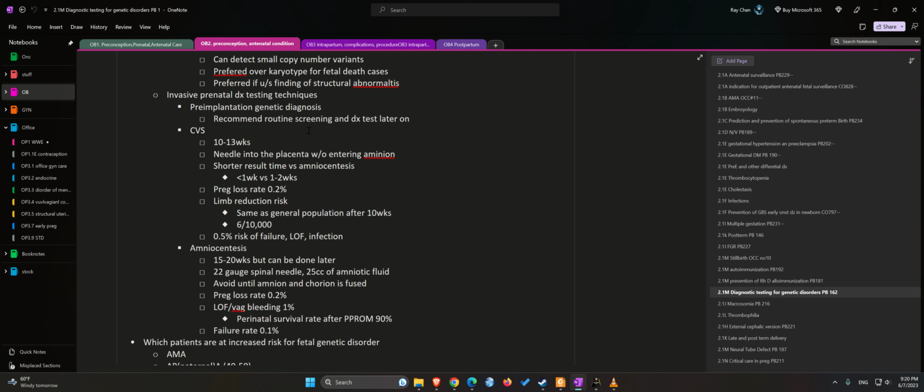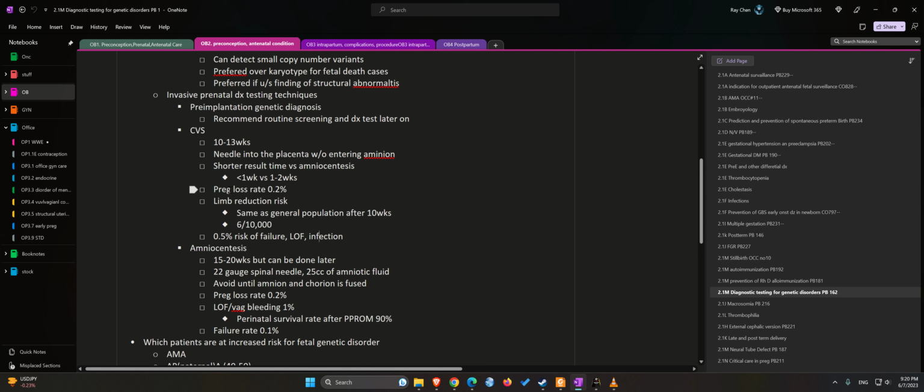Limb reduction risk after 10 weeks is the same as the general population, which is 6 out of 10,000. There's a 0.5% risk of failure, leaking of fluids, and infection.